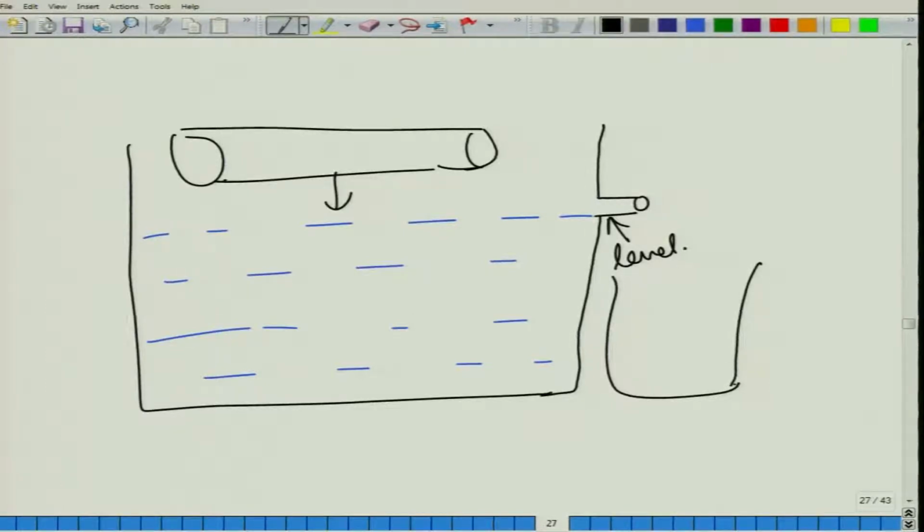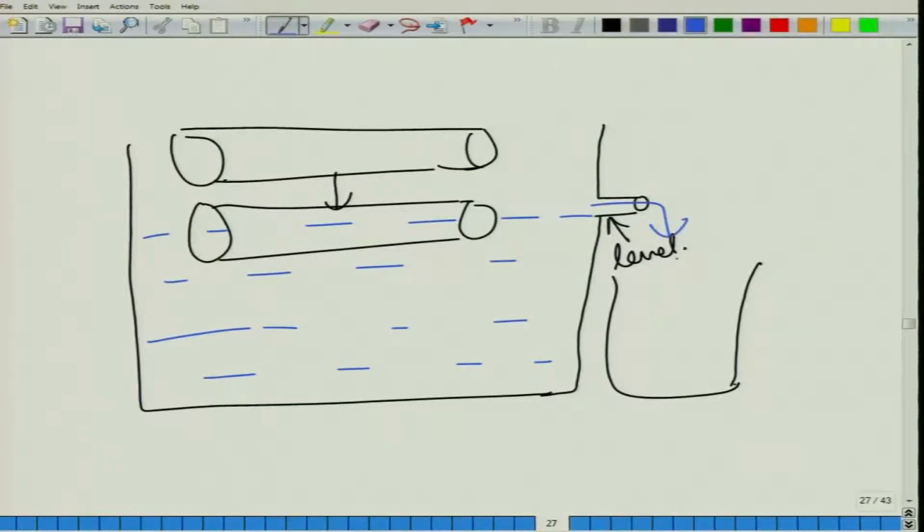What will happen is, in the first case this wood will float on water. When it does so, it will be displacing some amount of liquid that is equal to its own weight by the Archimedes principle. So, some amount of water will flow out and collect here. So, this level can give us the weight of the piece of wood.